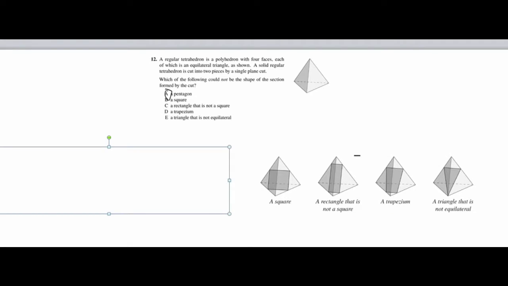And so clearly the answer to the question is A, because a pentagon has 5 sides, and this is not possible because the tetrahedron only has 4 faces. And you can see that each of the other possibilities can be created as follows. So a square, a rectangle, a trapezium, and a non-equilateral triangle.